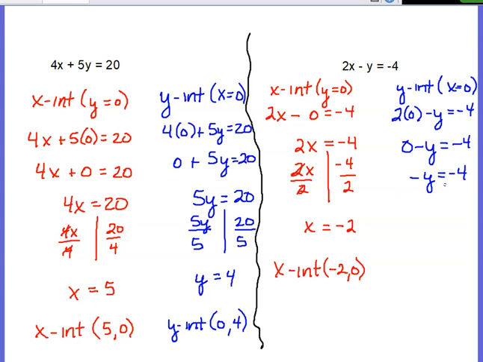So remember, we have to multiply both sides by negative 1 because I need to end up with a positive y. So y is equal to 4. So my y-intercept for this equation is (0, 4) because my x is always 0. We're going to look at two more.